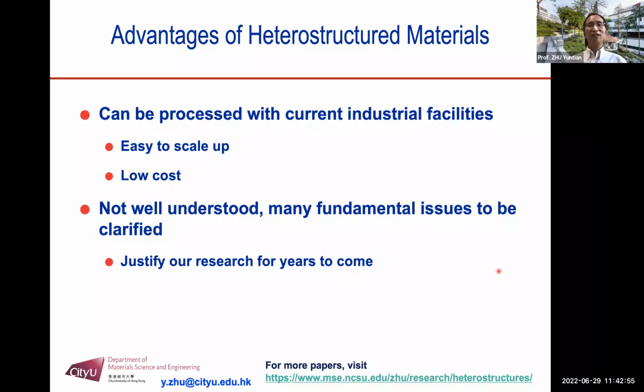Okay, if you check the literature for the last several decades, there are so many new materials out there, spent like billions of taxpayer dollars, and then you ask how many of them are being commercialized and have benefited the society.